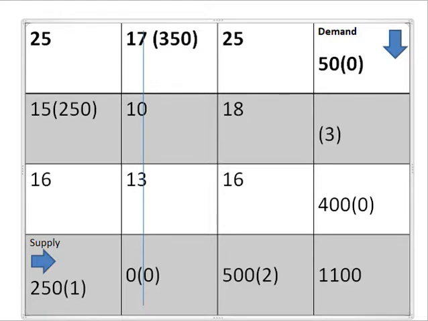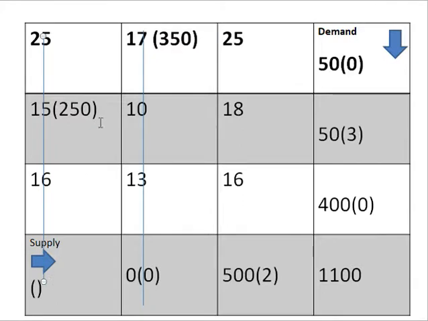So from demand 250 has been done and 50 remains. In this the supply of 250 is over, hence this column is also cancelled because the supply here is 0, it has been fulfilled.